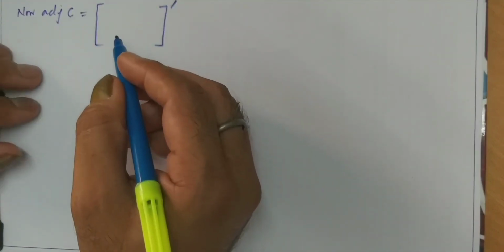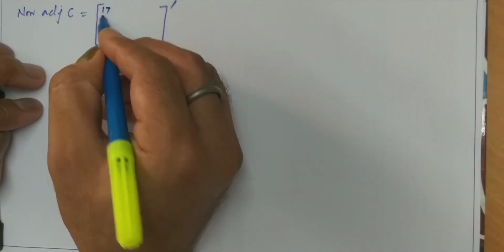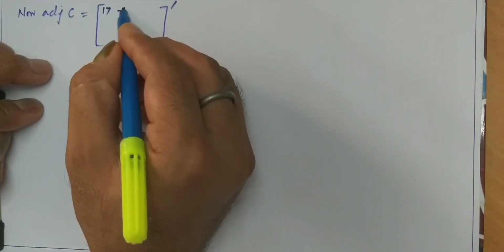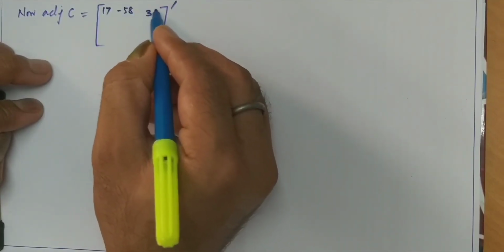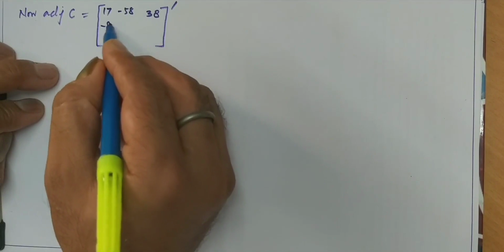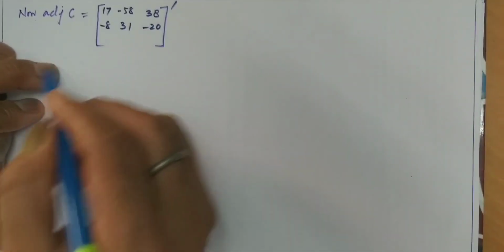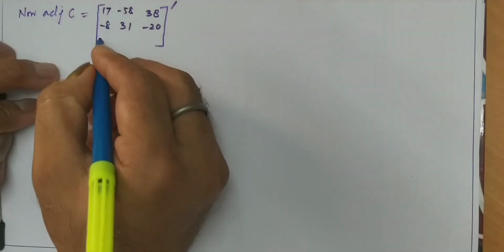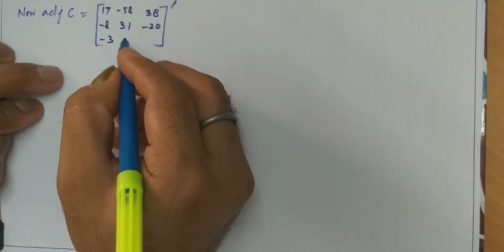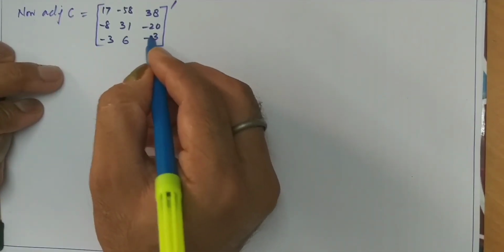For example, A11 we got 17, then minus 58, and then 38, and then minus 8, 31, minus 20, and then minus 3, and then 6, and then minus 3.